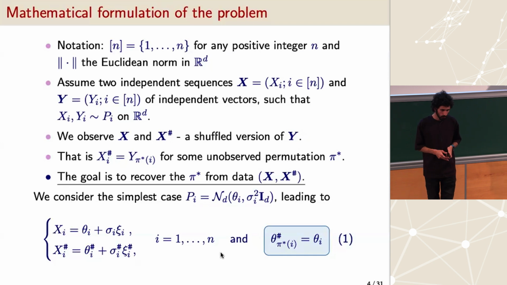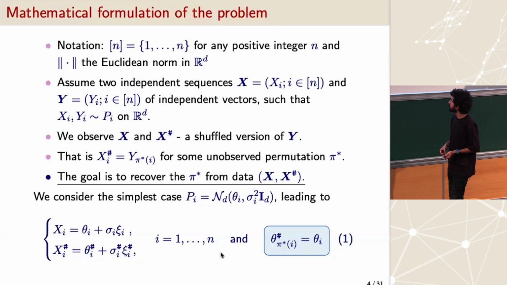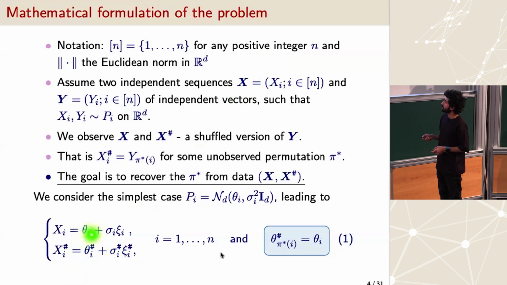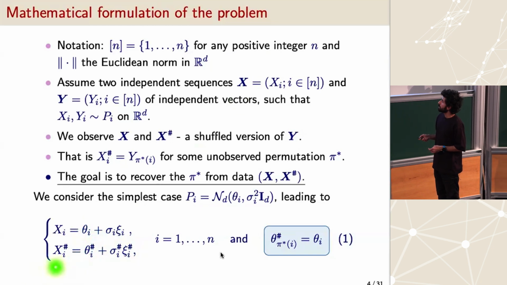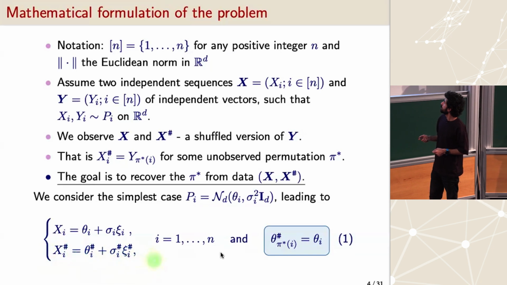Therefore we have this model where X_i are coming from a Gaussian distribution with mean theta_i and variance sigma_i squared, whereas for the X'_i we have the same, but with the permuted mean and variance.